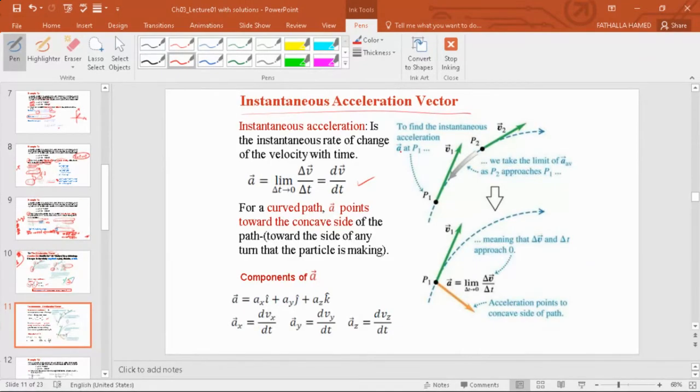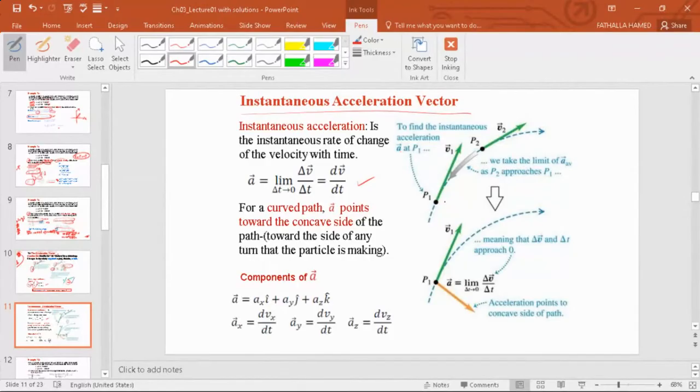Now you may come here and ask about the direction. In the previous slide, we said the direction of the average acceleration is in the same direction as delta v. But where is the direction of the acceleration here?